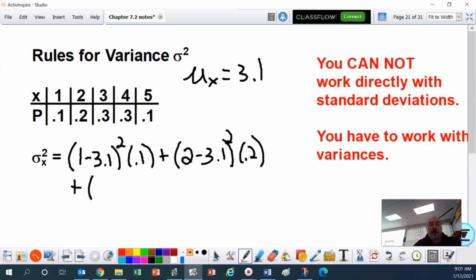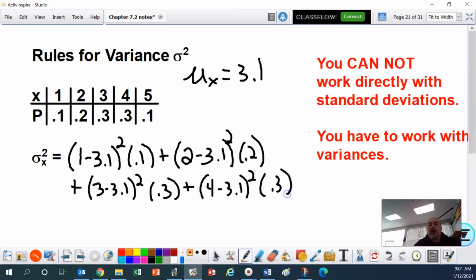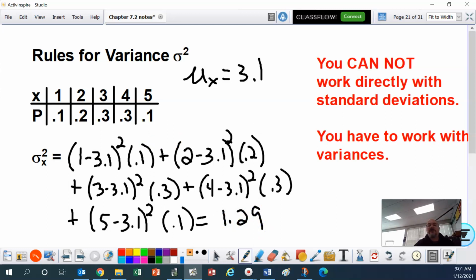So the next one would be 3 minus 3.1 squared times 0.3, plus 4 minus 3.1 squared times 0.3, plus. Again, there are no shortcuts to this, everyone, so type carefully on your calculator. And we end up with 1.29. Now that's the variance.